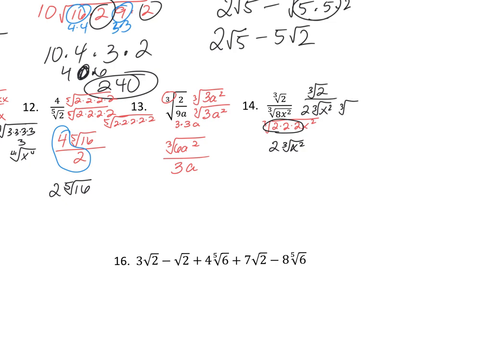So I'm going to multiply by the cube root of x. Because I have 2 x's, I need 1 more to make it 3. Multiply by the cube root of x. I got the cube root of 2x over 2x. And I can't simplify that because I have a 2x inside the radical and 2x outside the radical.